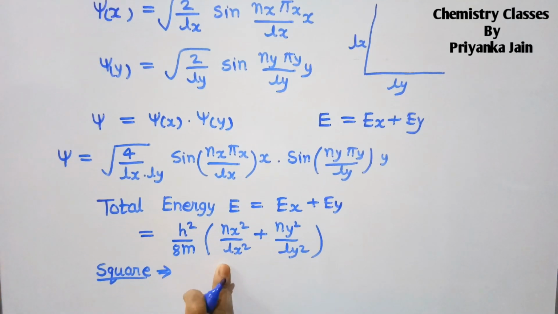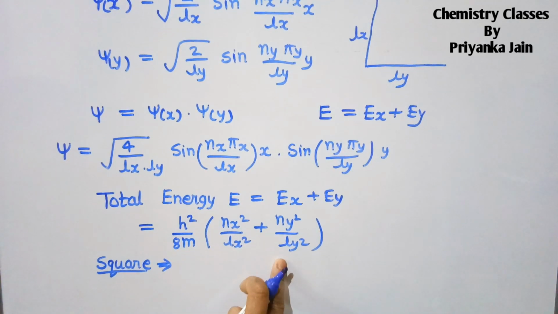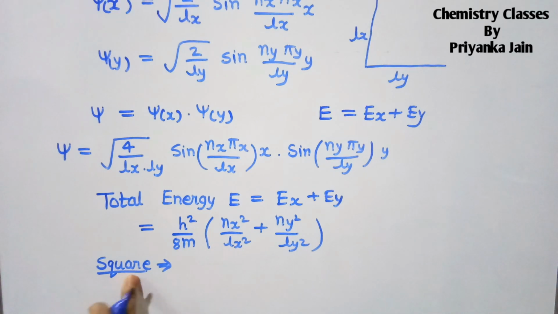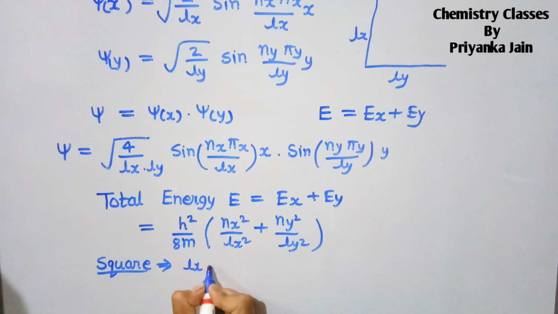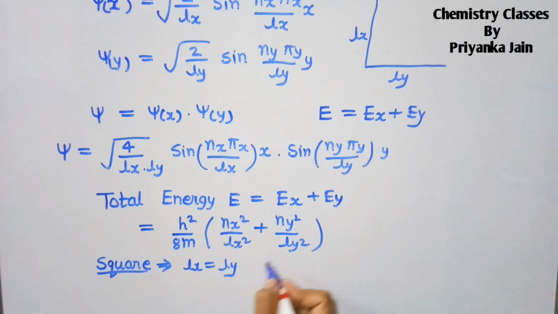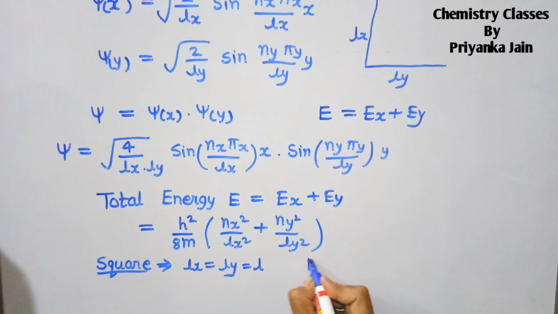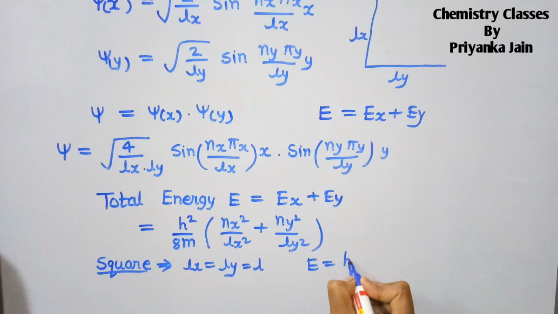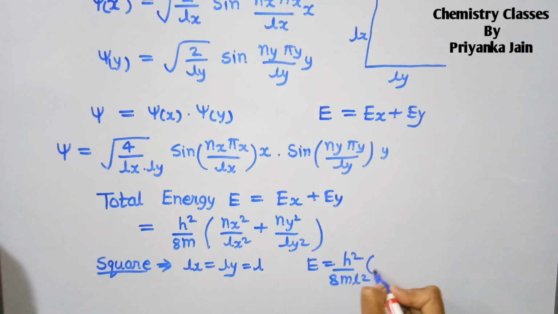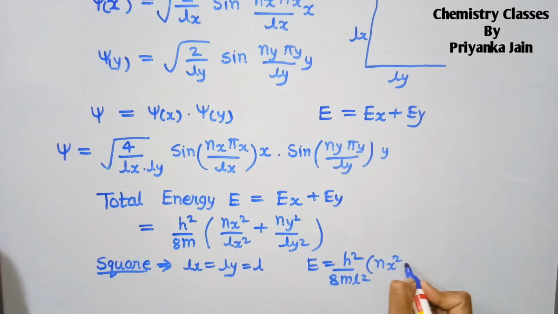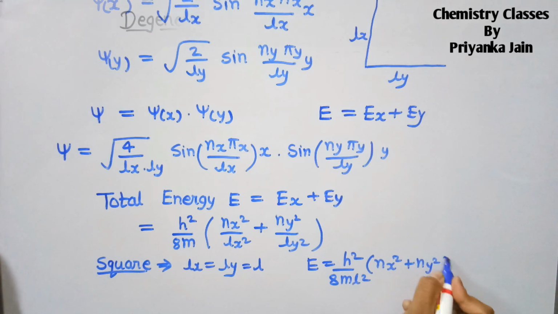This is for the rectangle when Lx is not equal to Ly, but in the case of a square we know that both the lengths are the same, Lx is equal to Ly. So we can write this as L. So now the energy will be equal to h square upon 8mL square times nx square plus ny square.